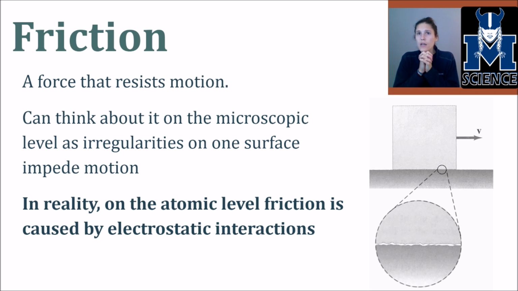In reality, at the atomic level, friction is caused by electrostatic interactions between the atoms. But we are going to model friction on a more macroscopic level, and think of it as just a force that resists the motion of an object.